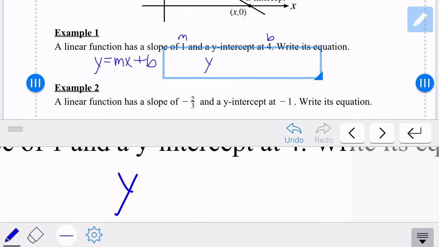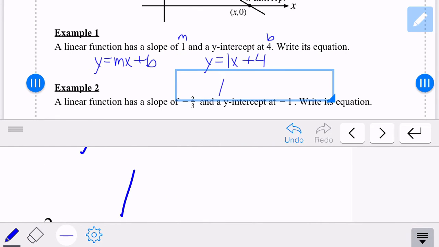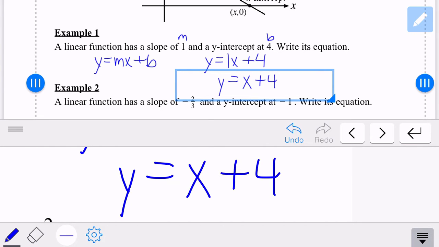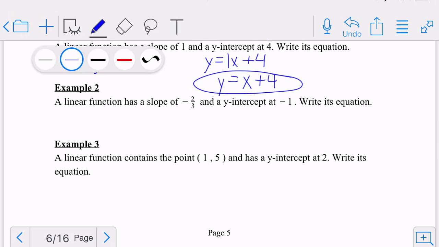So y equals 1x plus 4. If you like, you don't need the 1 in front of the x, remember. So y equals x plus 4 is good. That is our final equation. That one's pretty easy. You just had to put the numbers where they need to go.